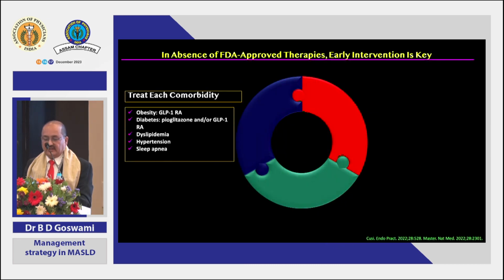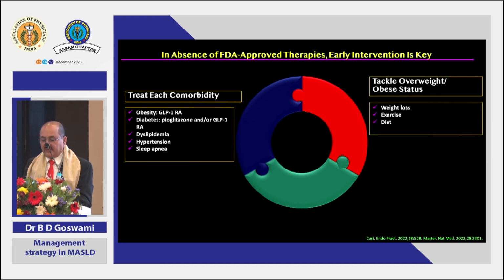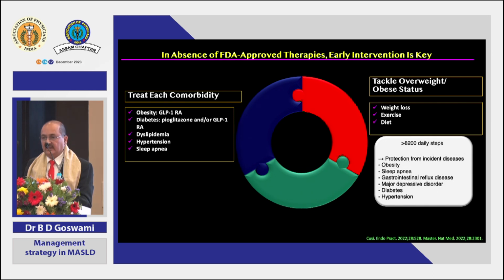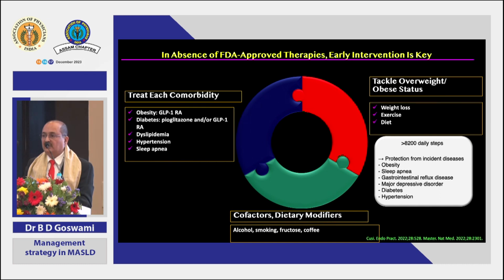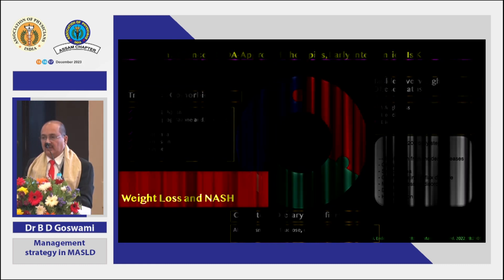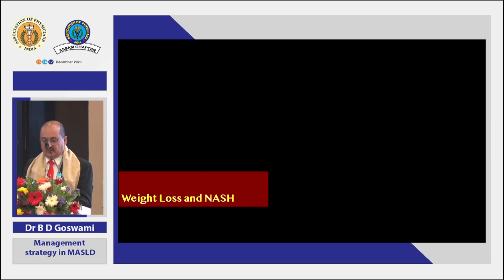For that matter, here is a comprehensive point about the comorbid conditions. You treat the comorbid conditions. For that, we have to take obesity management, in the different ways I have already mentioned. And also we have to think of the cofactors: alcohol, smoking, fructose intake, and also coffee, which I mentioned, and I'll talk about it later on.